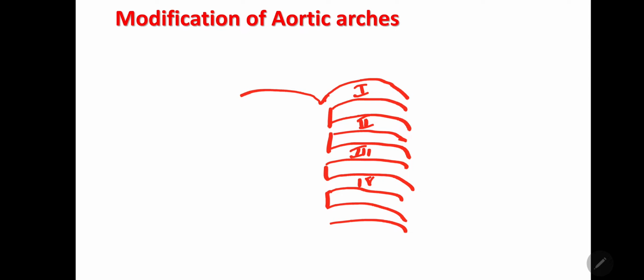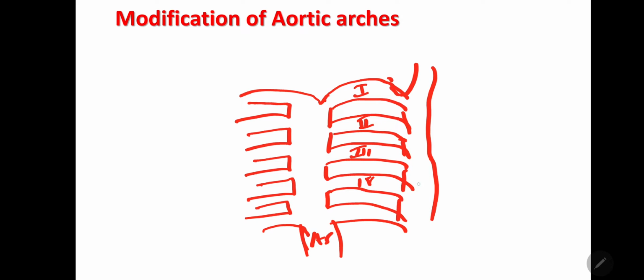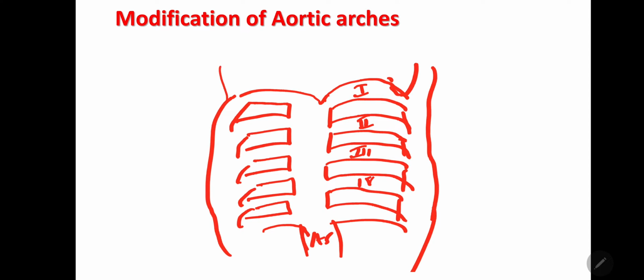So on the right side here, first, second, third, fourth, sixth. This is the aortic sac. So what happens here? The first and second disappear. They are connected here. These all are connected to the dorsal aorta, right and left dorsal aorta, like this.